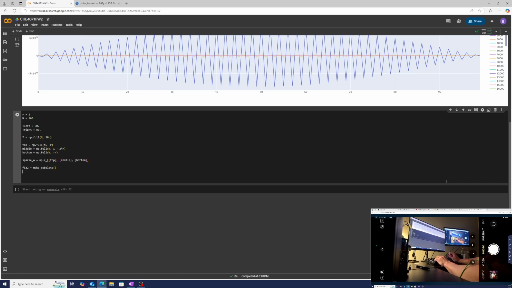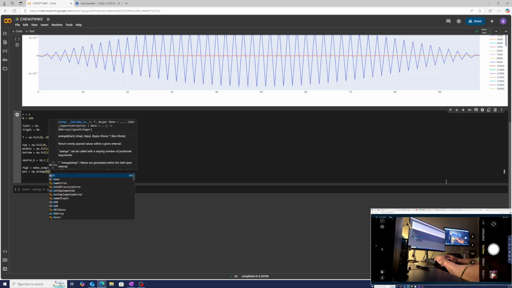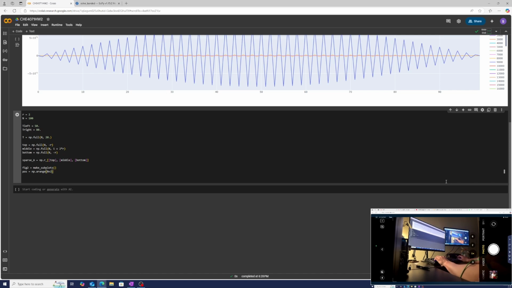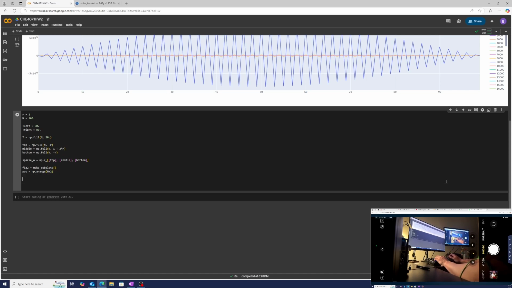So all of our positions are equal to all of the n's we have in the middle, and then our left and right. So our position will just be equal to np.arange. Then we have our 100 in the middle, and then we need to add 2 for our T left and T right. And then we're going to repeat this for 2500 time steps.